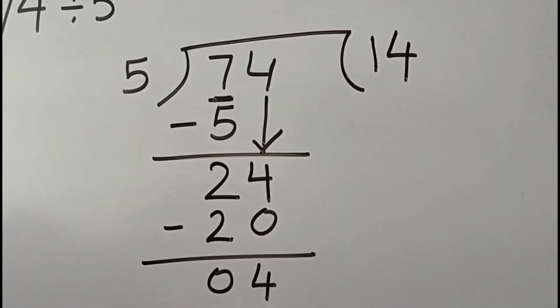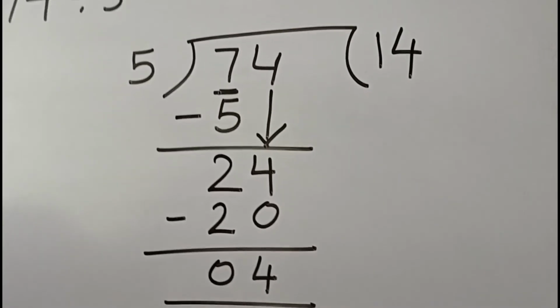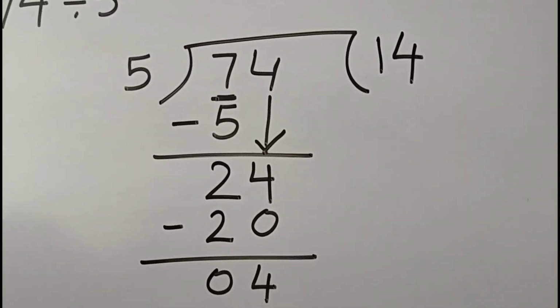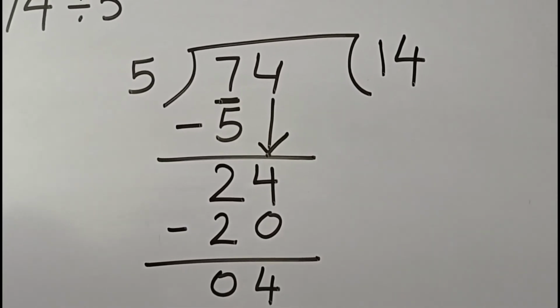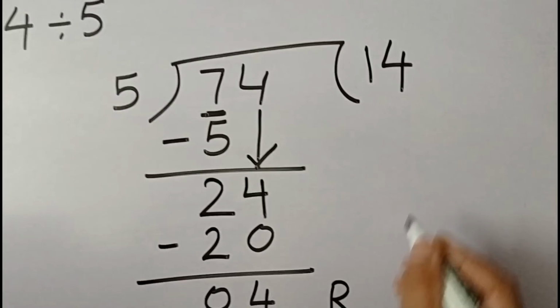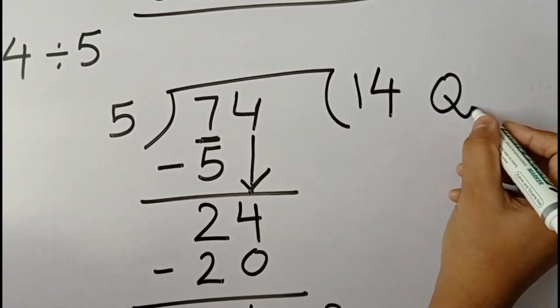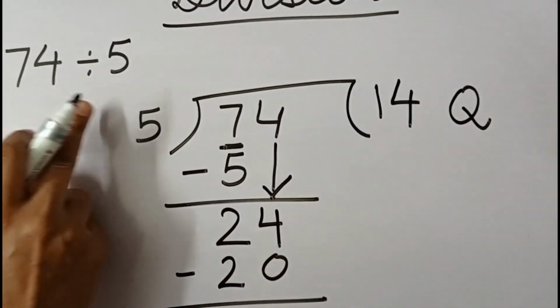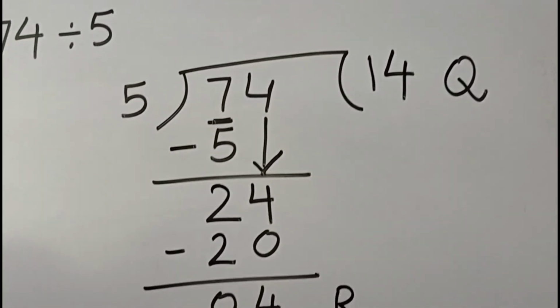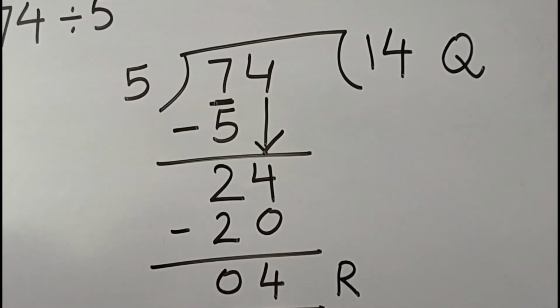We cannot have a remainder more than our divisor. If it comes out to be more than this, then our question is somewhere wrong. So this is our remainder and this is our quotient. So 74 divided by 5 gives us 14 as quotient and 4 as remainder.